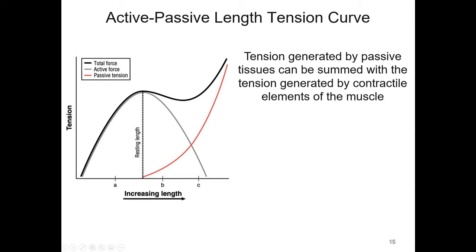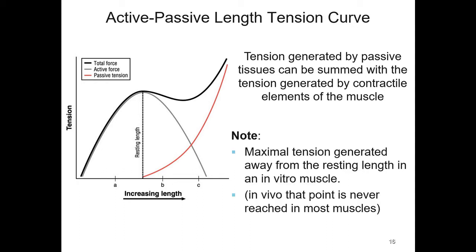The results that we get from in vitro testing of muscle fibers reveal that when we stretch muscle tissues far beyond its resting length, we get a large amount of force. So we can see the black line coming up here, and as we get to stretch the tissues really far, we get some really high forces created.